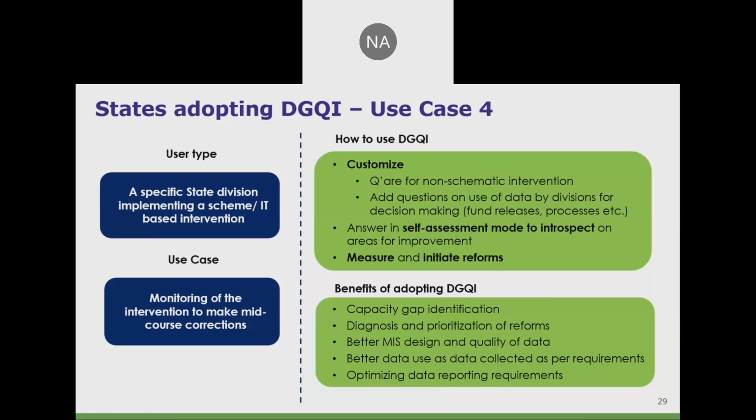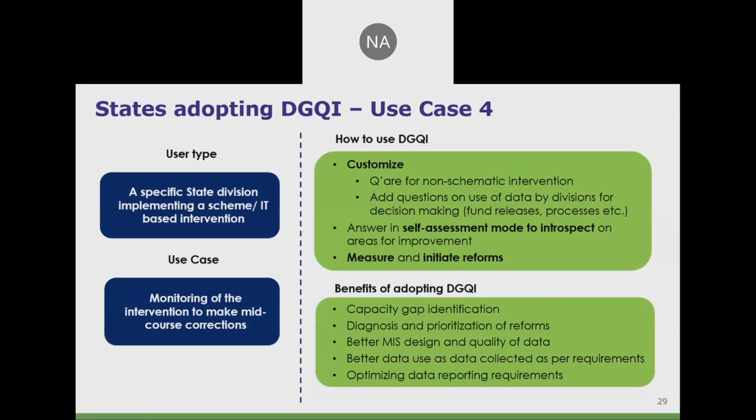What this will do is help them identify areas of improvement, capacity gaps, even digitize their own systems in a coherent manner that collects high quality data and aids day-to-day implementation of the scheme or the program they run. They can also use DGQI as a way of doing this while optimizing their reporting burden.